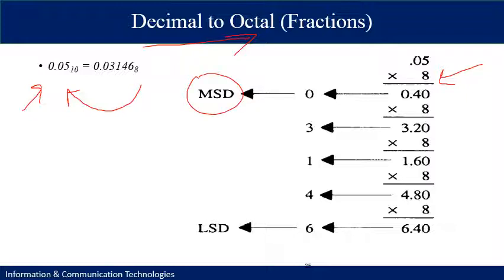As you multiplied 0.5 with 8, you get the most significant digit as 0, and then again with 8 you get 3, and then you multiplied again, you got 1, multiplied again 4, multiplied again 6. So you can continue multiplying to get the values in the fraction of the desired base.